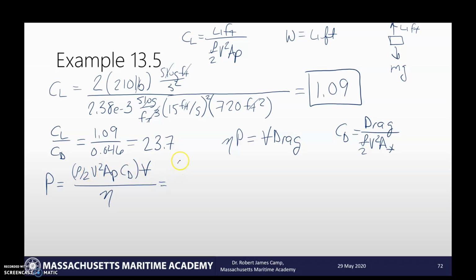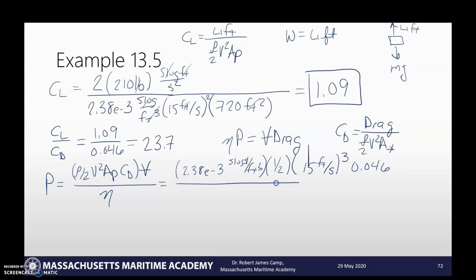So now we'll go 2.38 times 10 to the negative third slugs per foot cubed, and then multiplied by 1/2, velocity cubed, 15 feet per second cubed, coefficient of drag, which was given as 0.046, and we're going to divide that by our efficiency, which is 0.8.